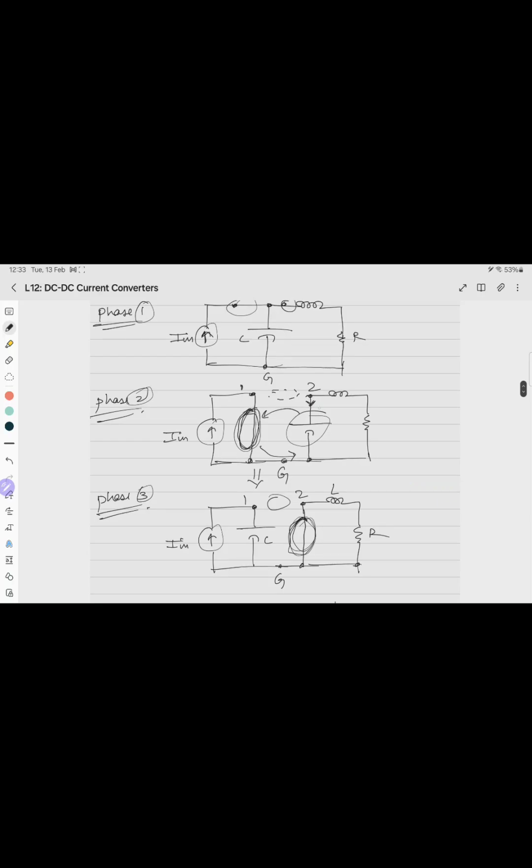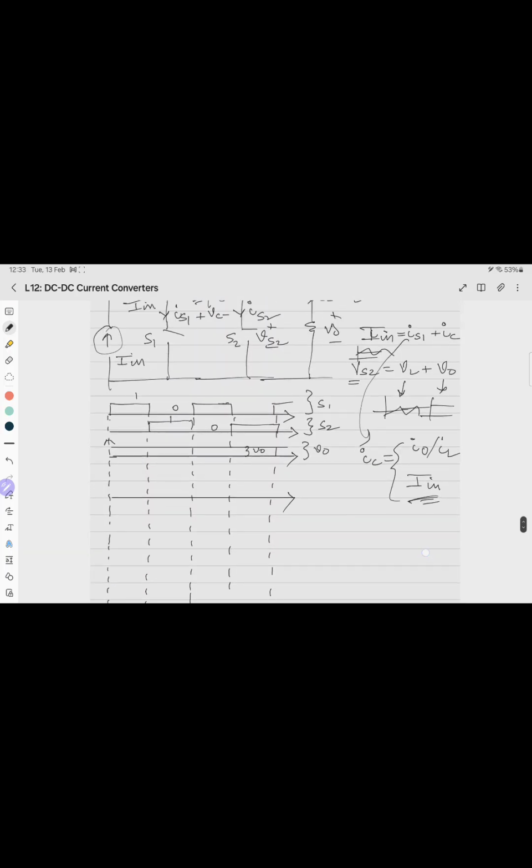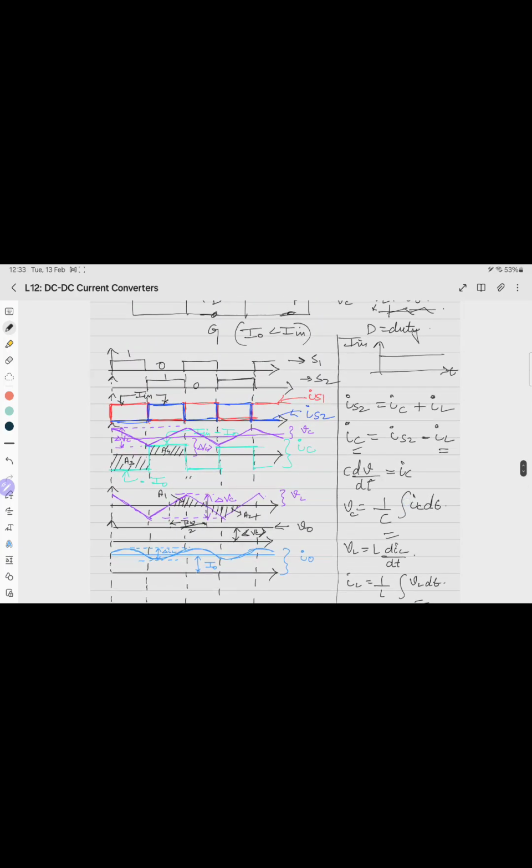In phase 2, what is the capacitor current? Here IC equals minus I0. And here in phase 3, what is the capacitor current? Here IC equals I in. In the previous case, IC in both cases was what?